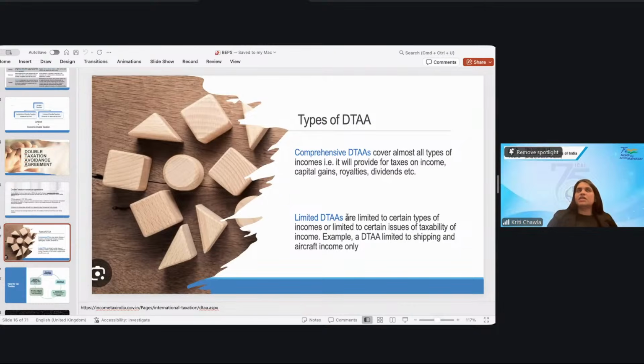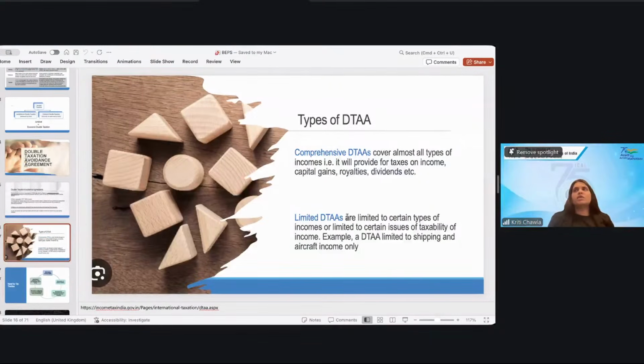So a DTAA could be limited to shipping income, it could be limited to aircraft income, etc. It's not going to resolve double taxation for all those incomes, but just for one or two selective income types. So that is basically a limited DTAA. But you'll have to look at the DTAA which is signed with each individual country to see whether it is a comprehensive DTAA or a limited DTAA.